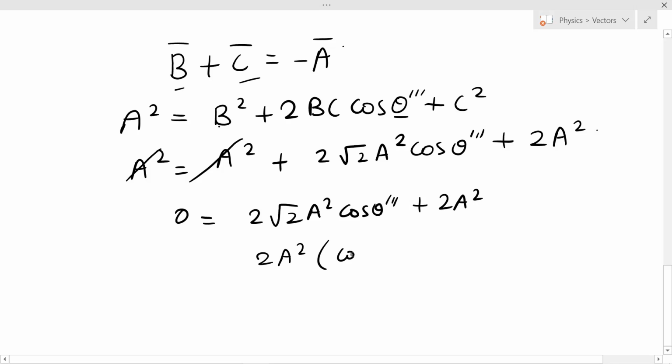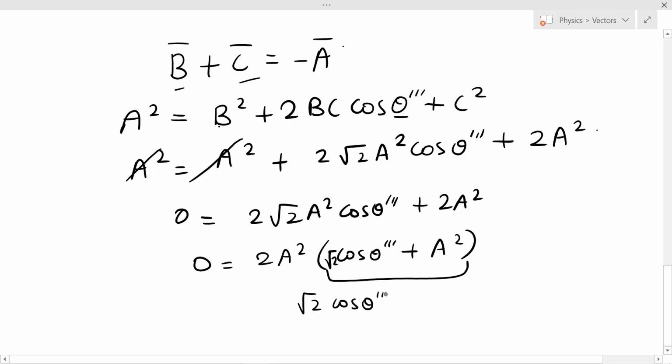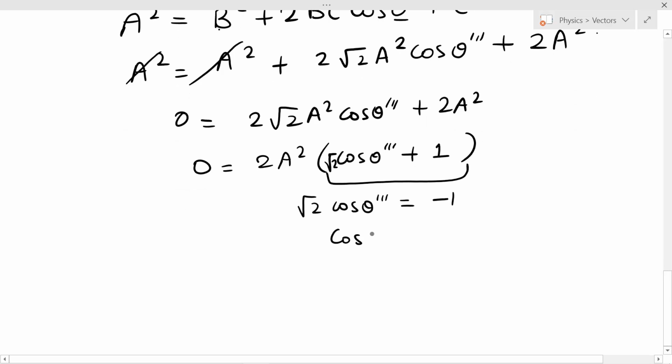So 2a square into root 2 cos theta triple dash plus 1 is equal to 0. So root 2 cos theta triple dash is equal to minus 1. So cos theta triple dash is equal to minus 1 by root 2.